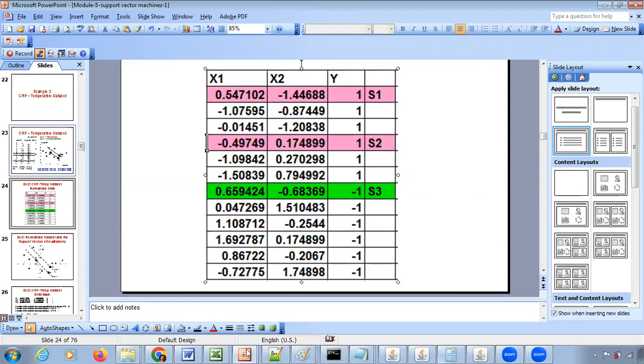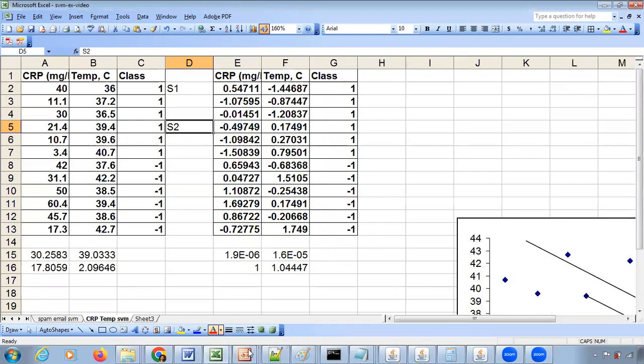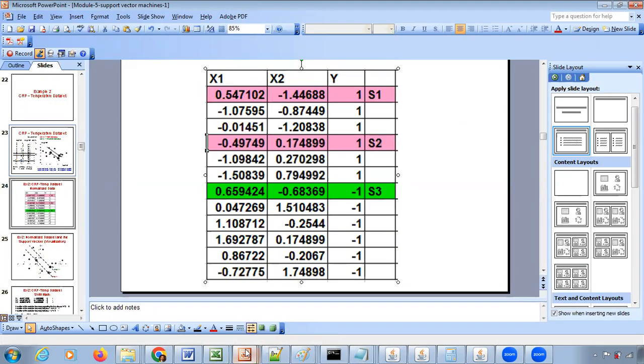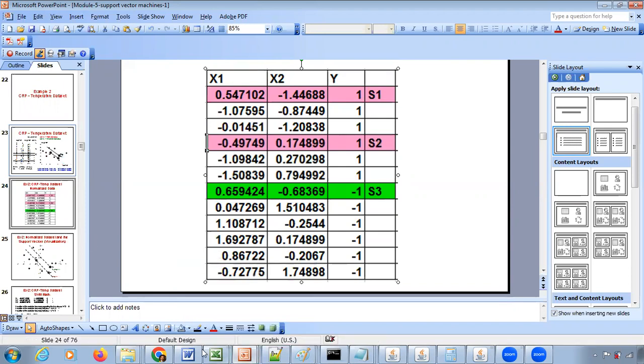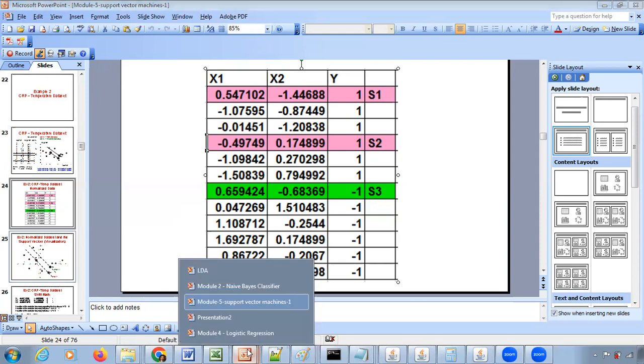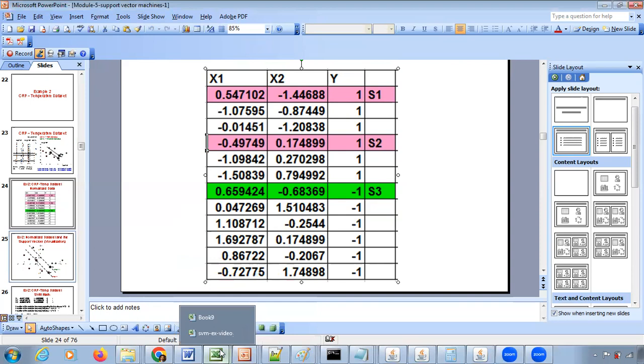Okay, so our other support vector from the bacteria class is going to be the first data set record in the bacteria class. So let me go through that here.